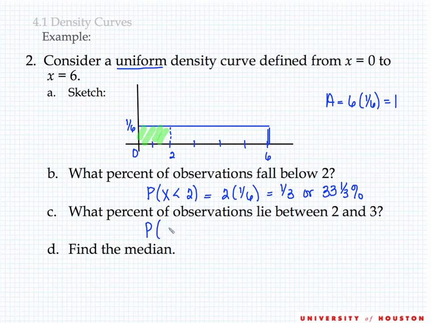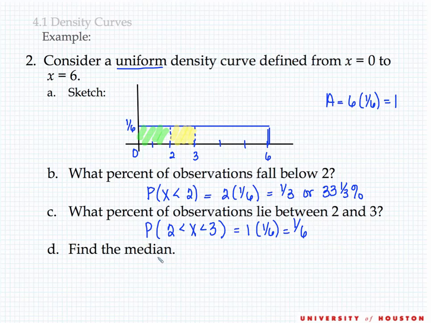What percent of observations lie between 2 and 3? Now we have a width of 1 and still have a height of 1/6. So 1/6 would be our answer.